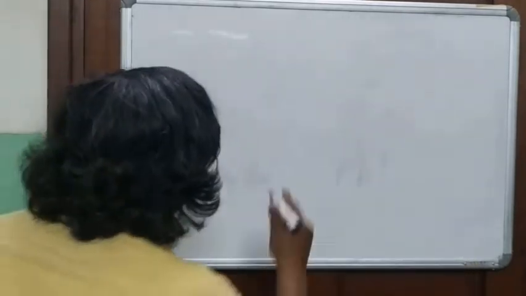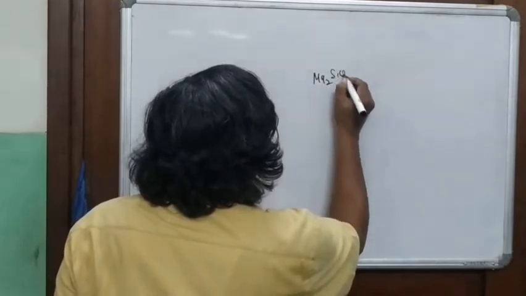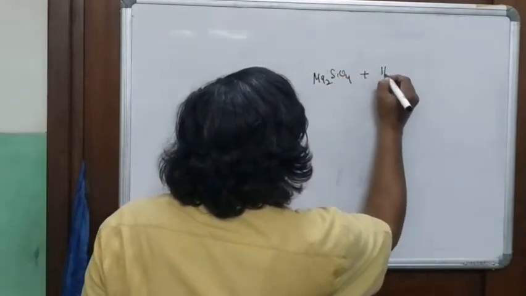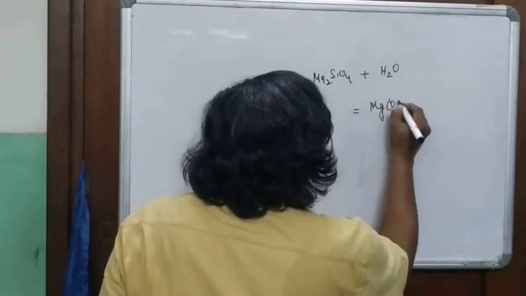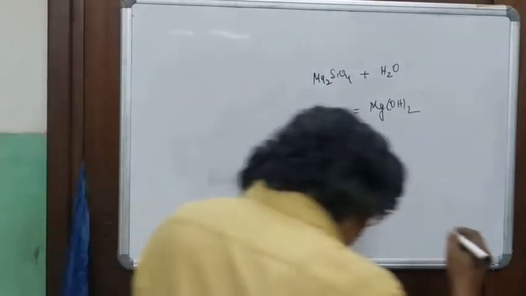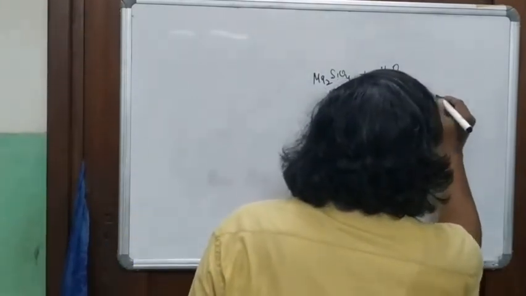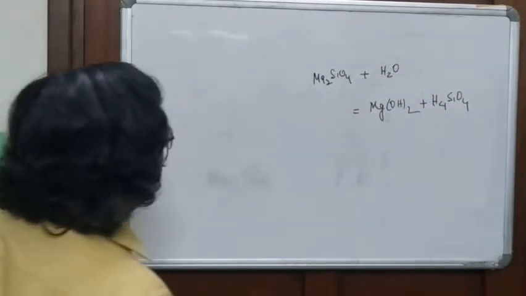So, for example, I will give you a reaction. Mg2SiO4 plus H2O reacts with water to produce Mg(OH)2 plus H4SiO4. Now, you need to balance this reaction.